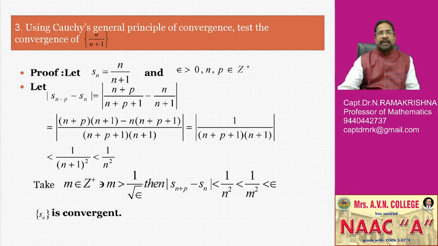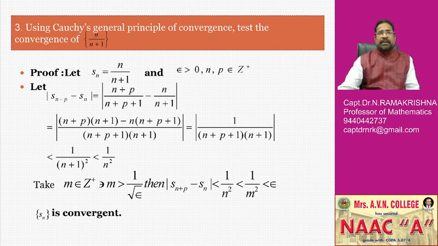So you can write n plus p by n plus p plus 1 minus n by n plus 1. Simplify this. You will get modulus of p by n plus p plus 1 into n plus 1. This is less than 1 by n squared.